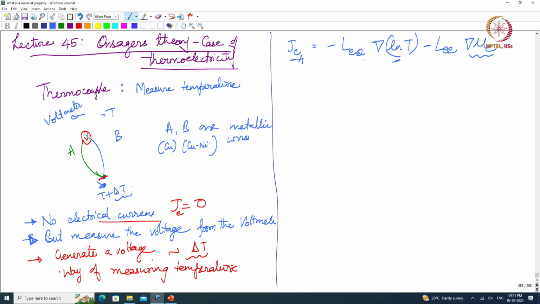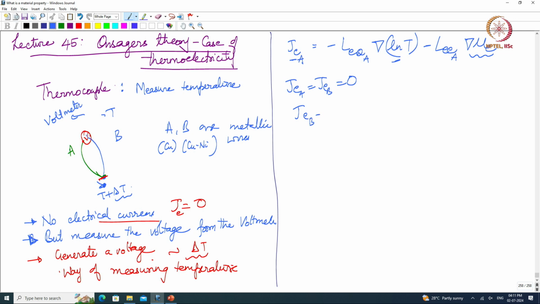I am just going to write this in wire A. Same thing in wire B, but J_E,A equal to J_E,B equal to 0. So, let us keep that in mind.